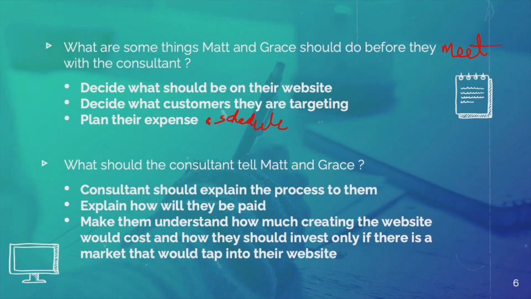The consultant should also make them understand how much creating the website would cost and how they should invest only if there is a market. If the people are not going to place orders online, then there is no point in creating a website, right? So only if someone will go into their website to place an order, they can create an e-commerce website. That's the thing I feel that the consultant should tell Matt and Grace.